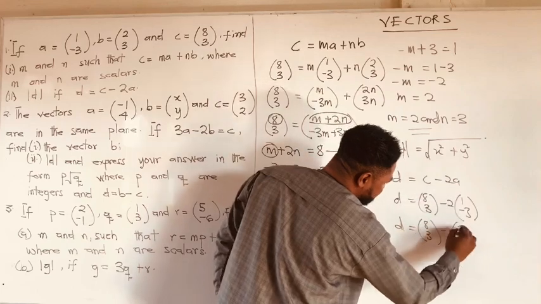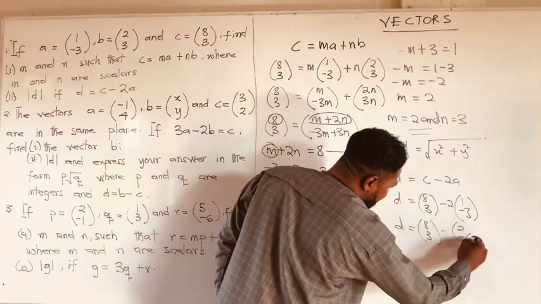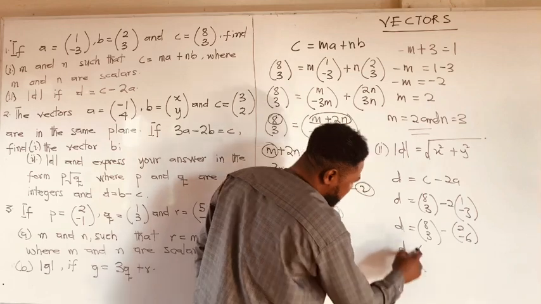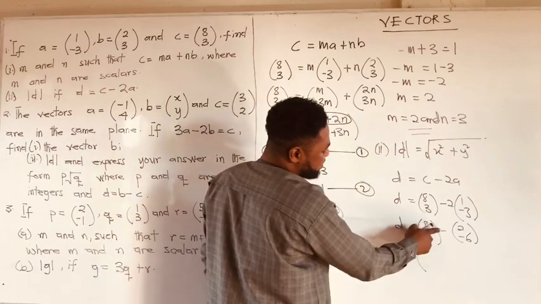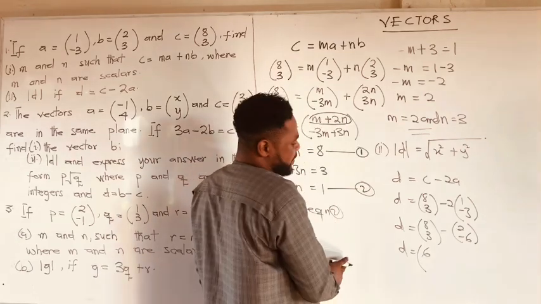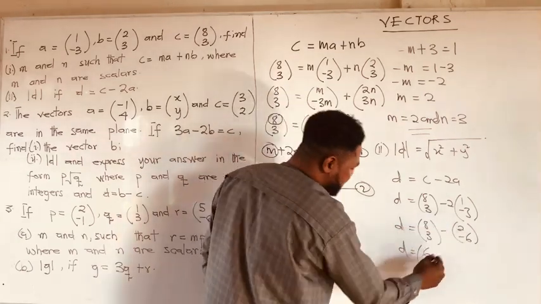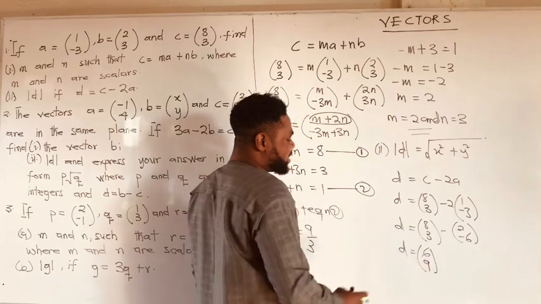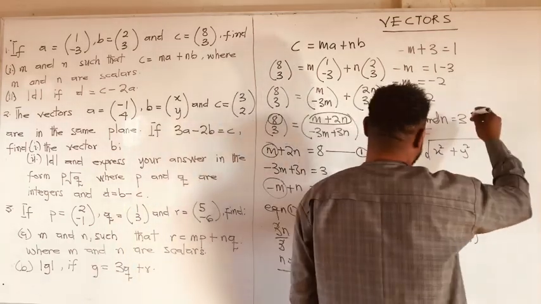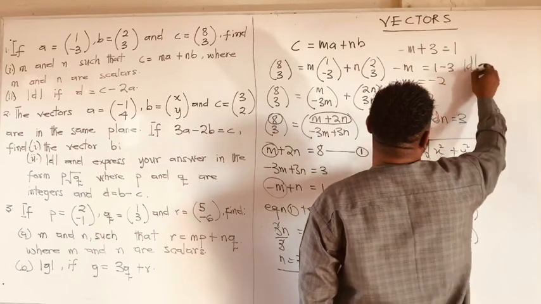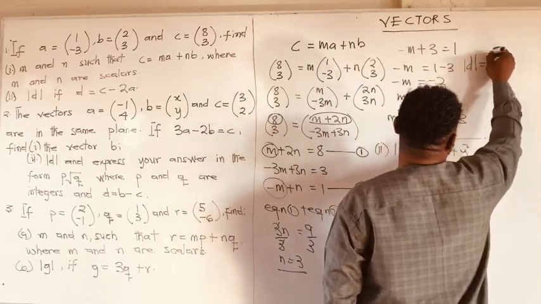So this will give us 2, this will give us minus 6. So we have 8 minus 2, which gives us 6, and 3 minus 6... actually 3 minus negative 6 gives us 9. So now that we know our D, we can find the magnitude. Our magnitude of D will be equal to the square root.